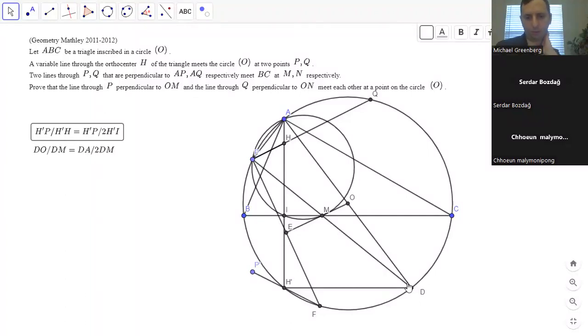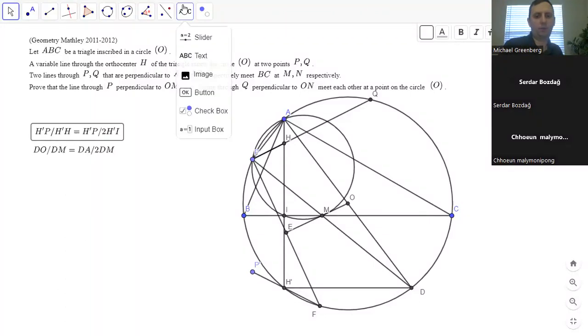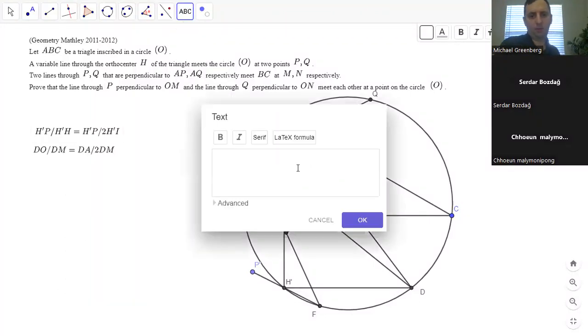By spiral similarity, PIH prime is similar to AMD, right? I think it's not really a spiral similarity, because they are not oriented the same way, they are reversed.